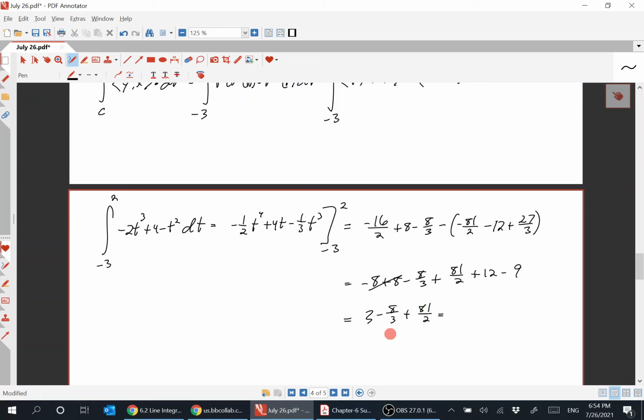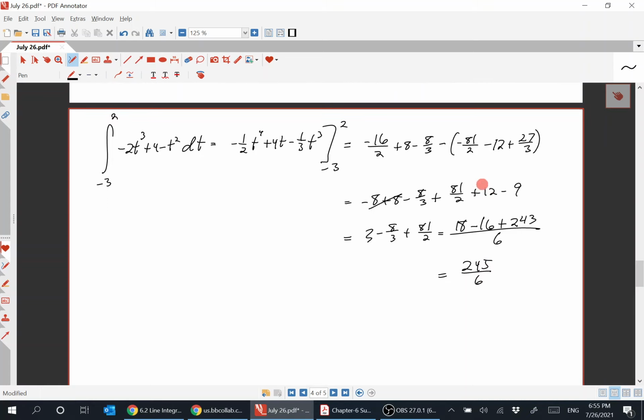So the common denominator here is going to be 6. So 18 minus 16 plus 243 over 6. So 245 over 6.